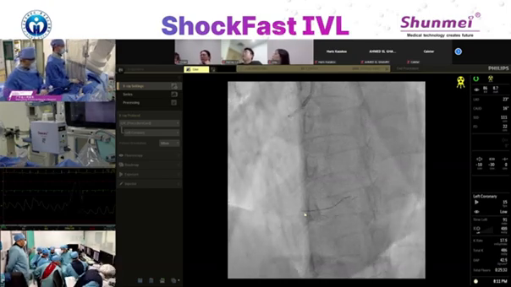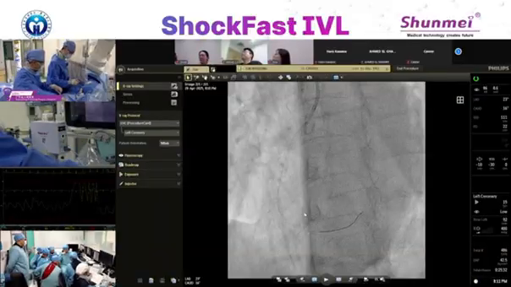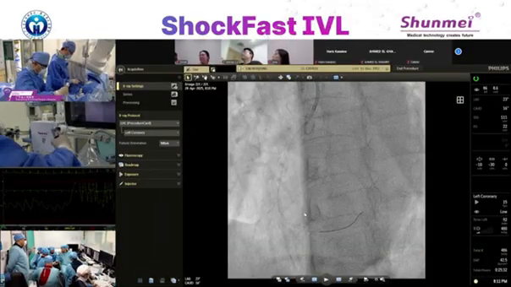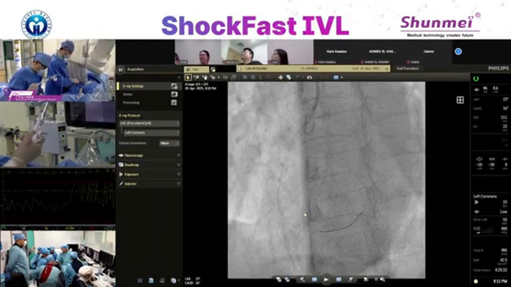Try my best to avoid the touching of the Godzilla to the stent, in case it will shorten the stent.